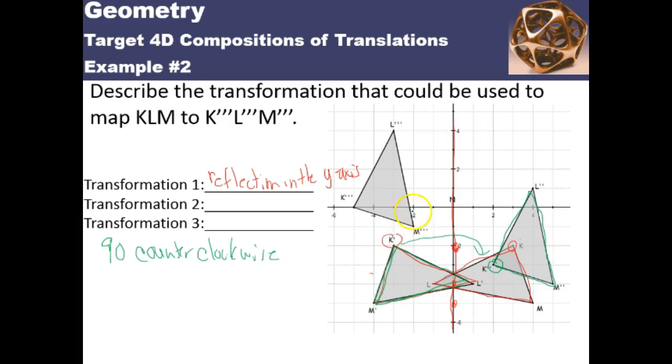So the point for K prime is -3, -2. And the point for K double prime is 2, -3.